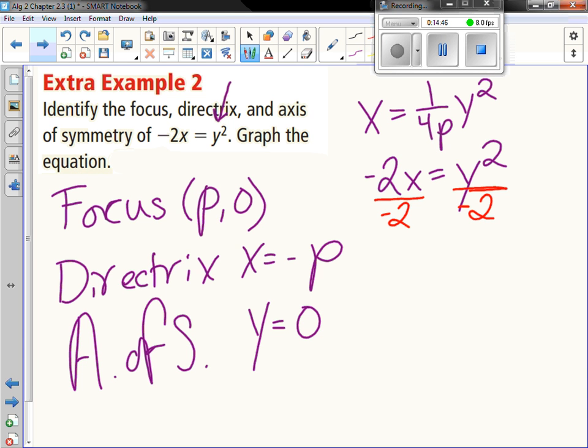Because negative 2 divided by negative 2 is 1. Anything divided by itself is 1. So those two simplify out, leaving me with x equals y squared over negative 2.